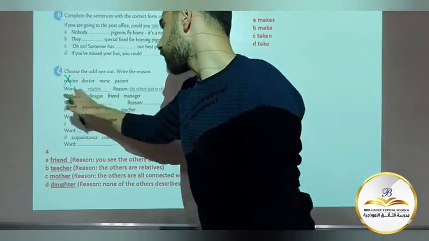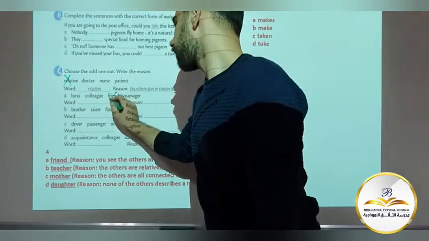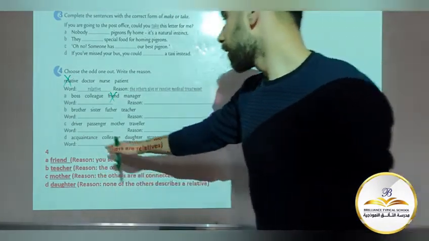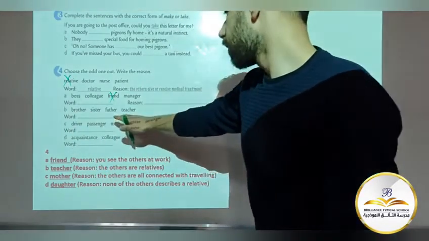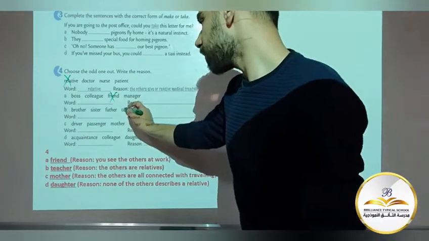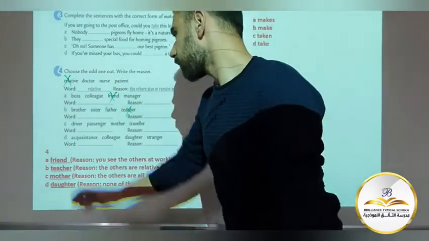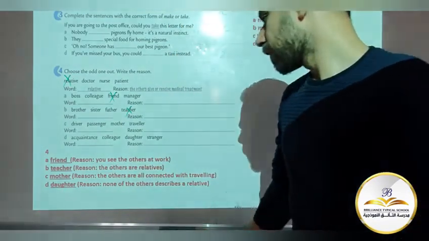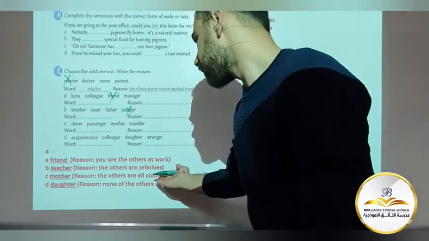Maybe they all work in one company, but the friend is not related. The reason: the others are at work. And here we have a brother, sister, father and teacher. Which one is not related? Maybe the teacher, because you can't see him in a family. So the others are relatives.